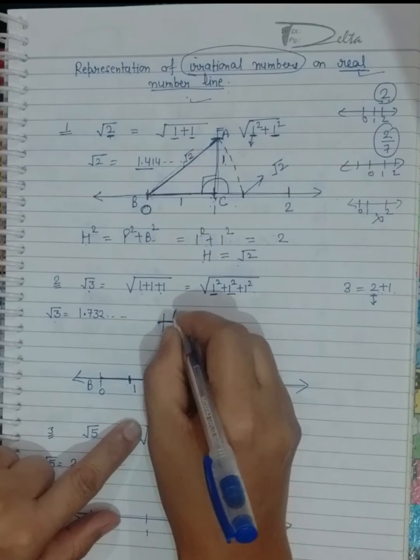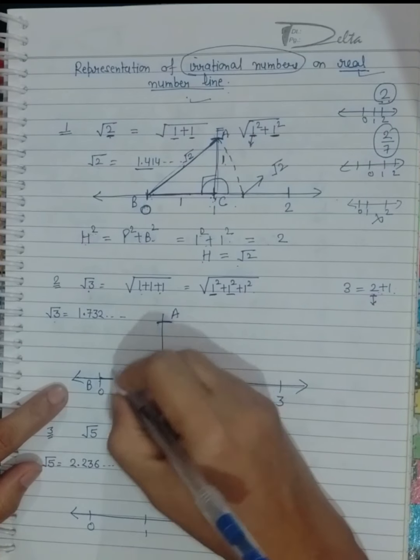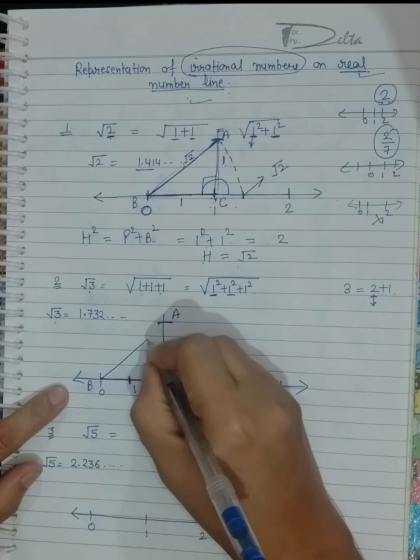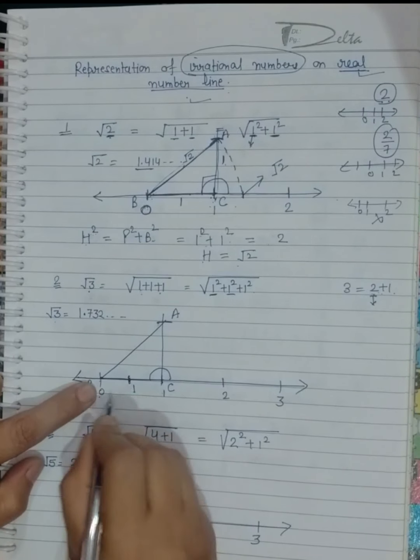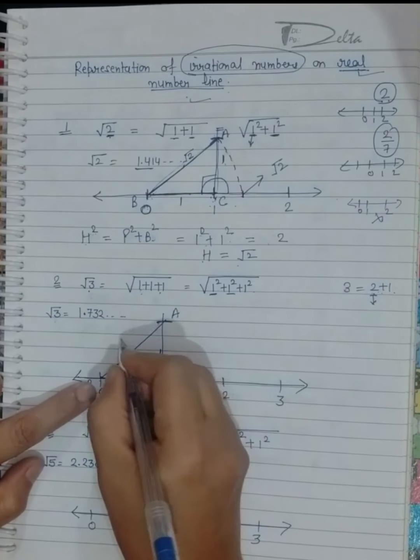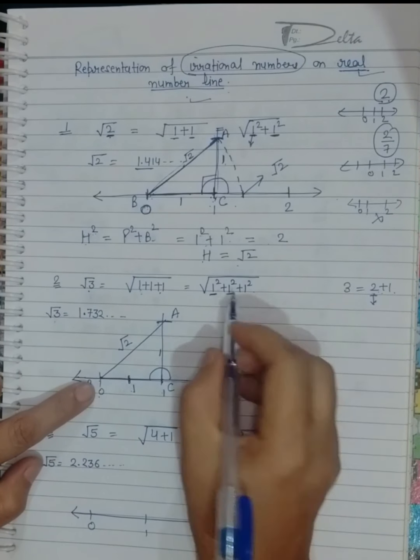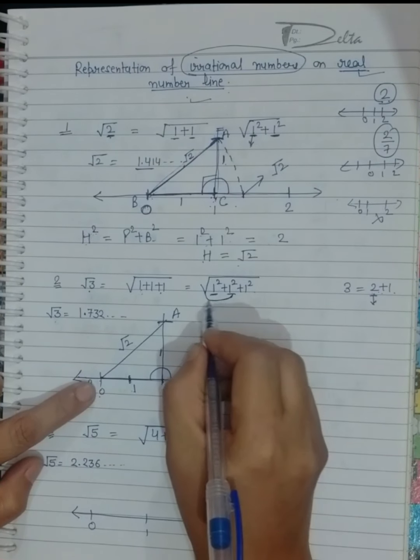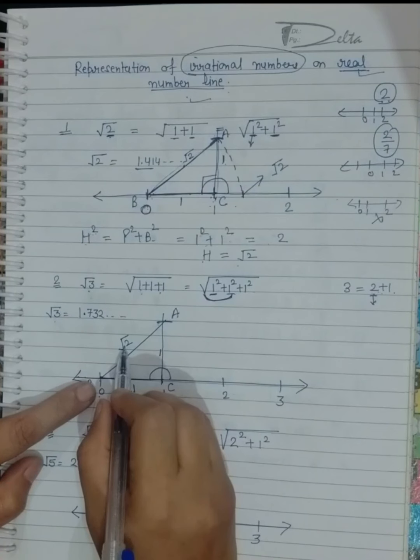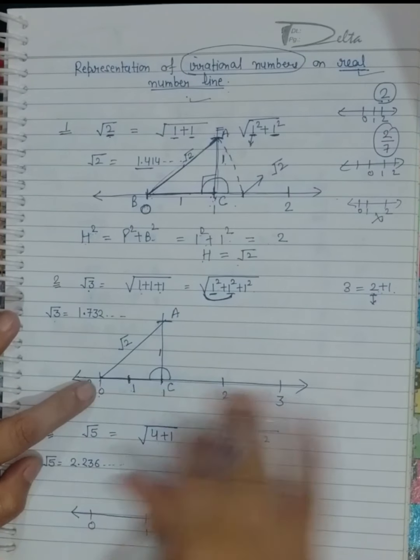I am taking it as point A, then again I will join it from 0, and you know that it is root 2. It means up to this we have plotted root 2, but not on the number line.